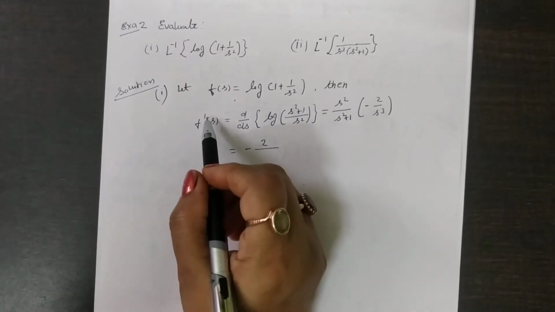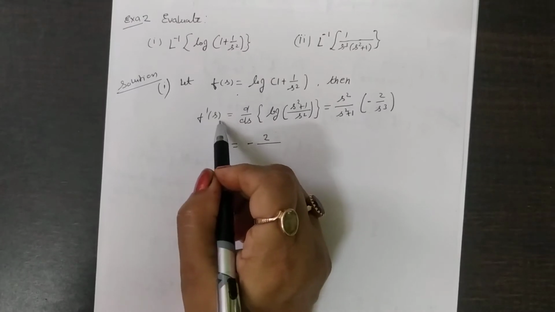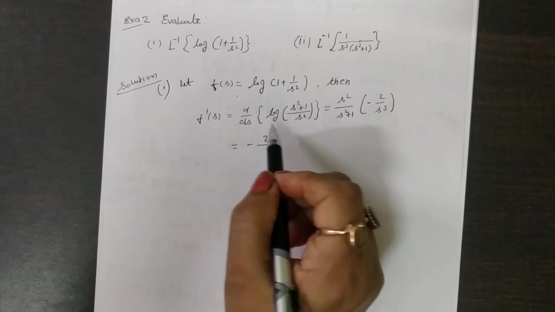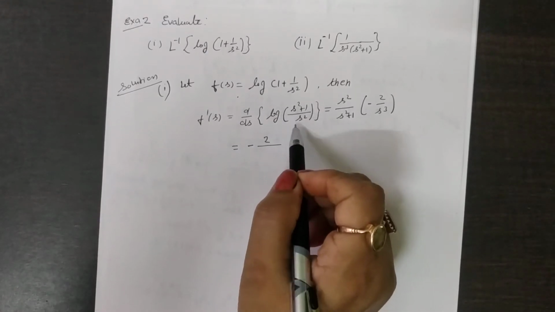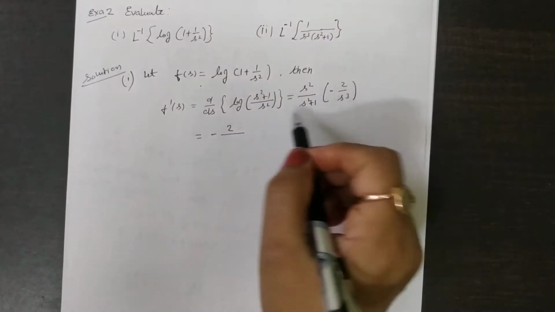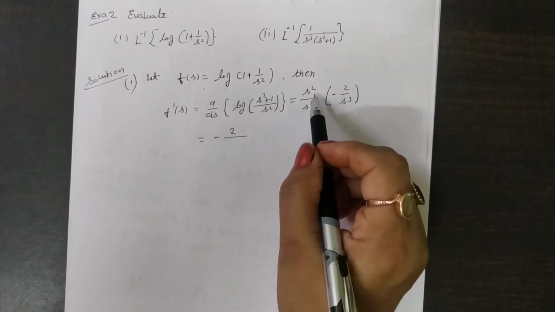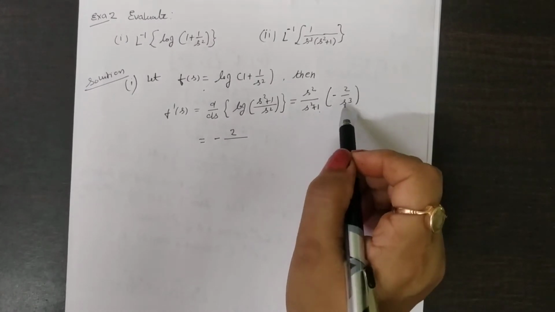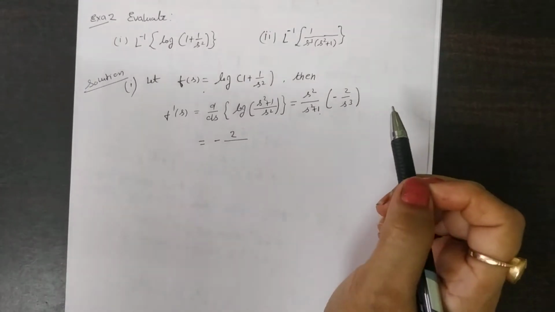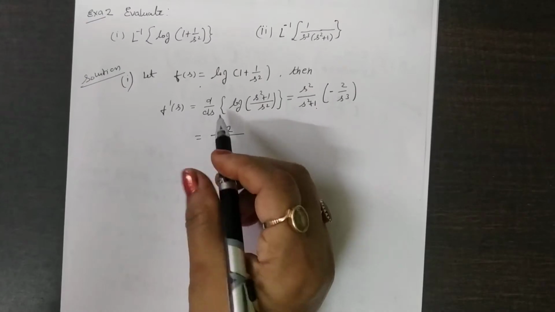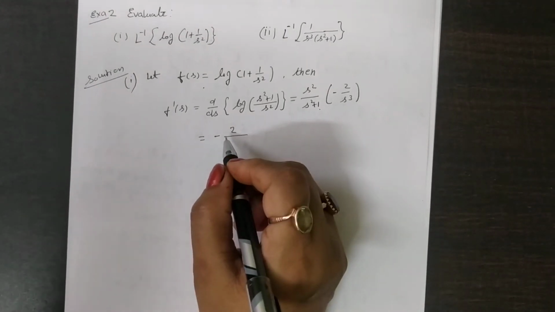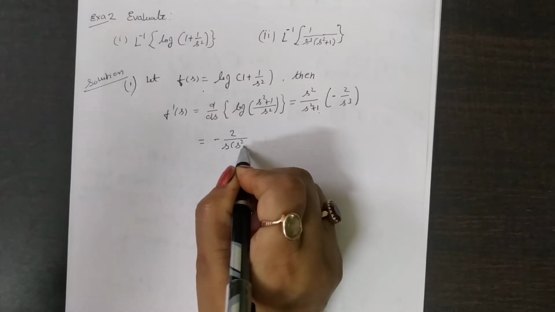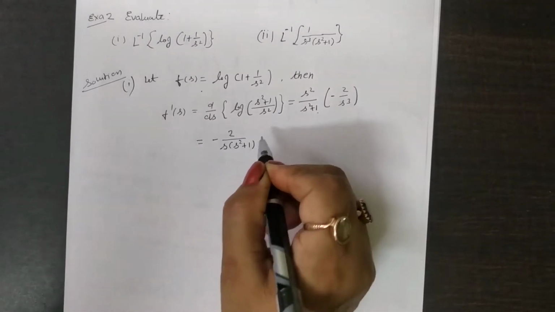Then differentiating this, that is F'(s) = d/ds of log(s² + 1) minus log(s²). Differentiating, you get 2s/(s² + 1) minus 2/s. Yes, clear? Okay. Now therefore this is equal to minus 2/(s(s² + 1)).